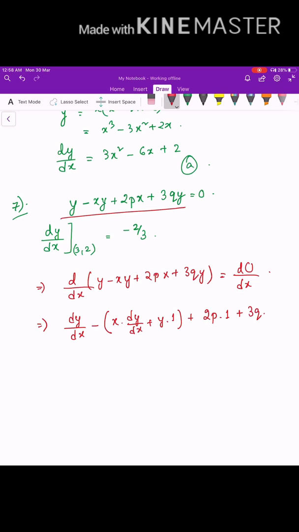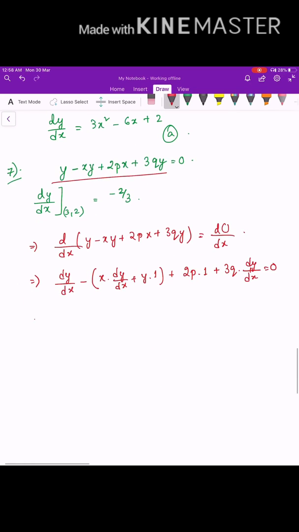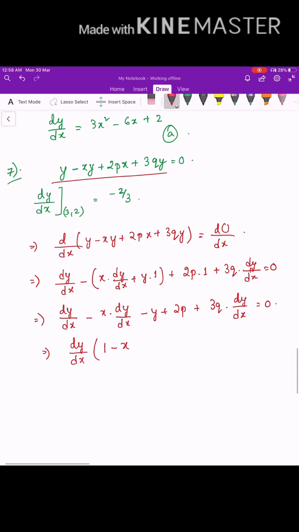Plus 3q as constant, differentiate y, I get dy by dx, is equal to 0. So dy by dx minus x into dy by dx minus y plus 2p plus 3q dy by dx is equal to 0. All the terms containing dy by dx on the left hand side, and I can take it as common. Rest everything on the right hand side.